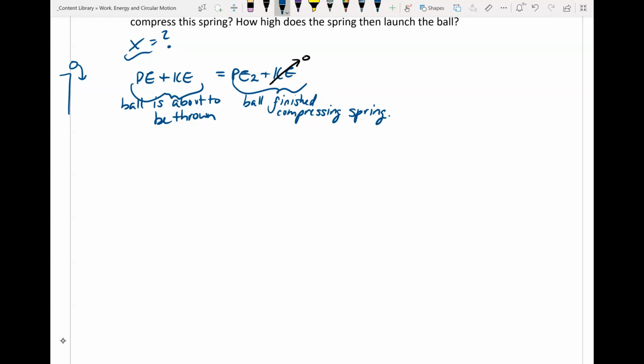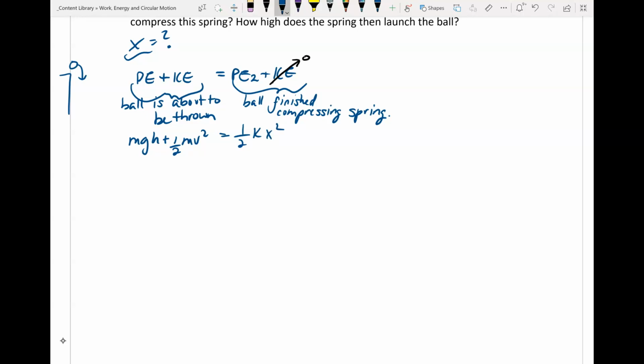Our potential energy when the ball is just hanging in the air is calculated as mgh. Our kinetic energy is a half mv squared. The potential energy of the ball as it's being held in the spring is a half k x squared.